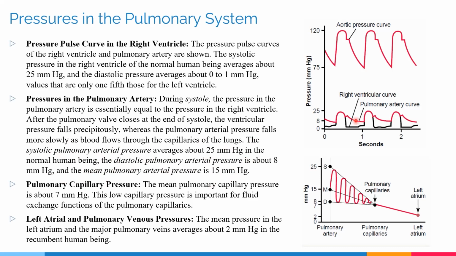And here we can see in the pressure curve that in the systolic part of the right ventricle, the pressure curve follows almost equally in the right ventricular curve as well as the pulmonary artery curve. Thus, when the right ventricle is in the systolic phase, the pressure in the pulmonary artery and the right ventricle is almost equal.